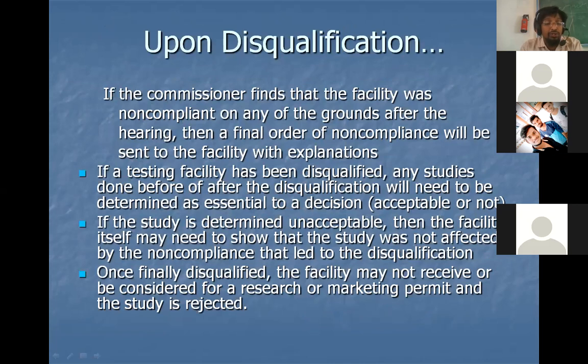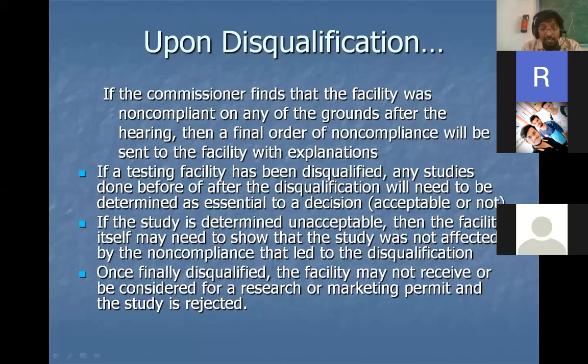Upon disqualification from GLP, what will happen? If the commissioner finds after the hearing that the facility was non-compliant on any of the grounds, then a final order of non-compliance will be sent to the facility with an explanation. If a testing facility has been disqualified, any studies done before or after the disqualification will need to be determined as essential to a decision, acceptable or not.